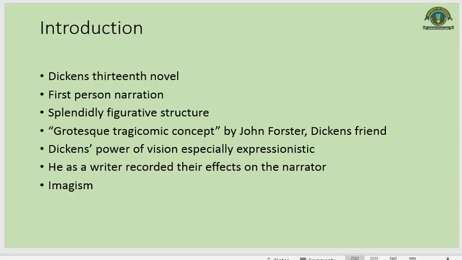So he is of the view that the story would build on a grotesque tragi-comic concept.